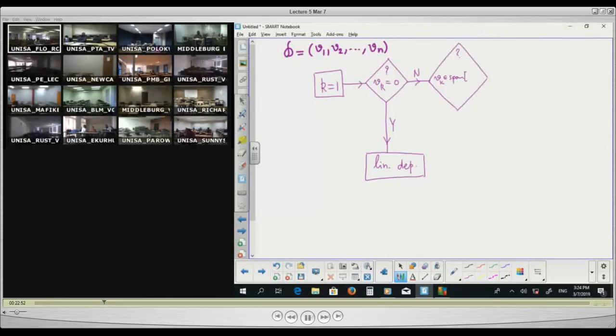You started with k equals 1, and you increase it by one more.